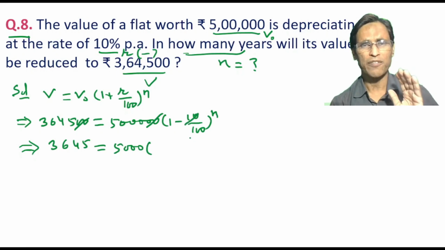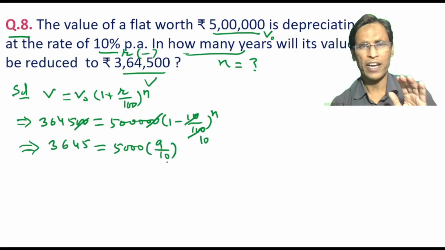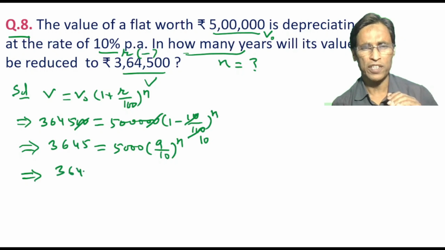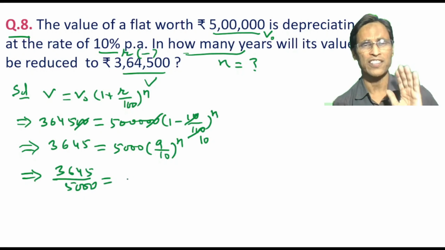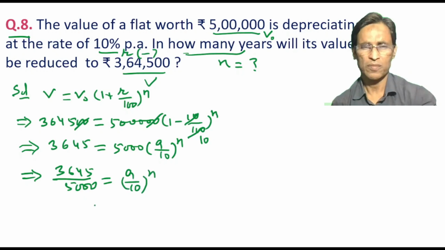Clearly 10 can divide 100 ten times, so we get 1 minus 1 by 10, and after simplification 9 by 10, to the power n. In the next step we take 5000 from the right side to the left side, therefore we will get 3645 by 5000, and in RHS it will be (9 by 10) to the power n.